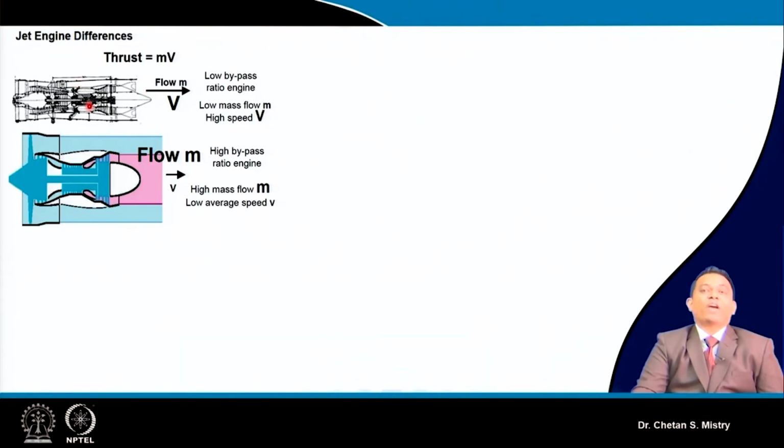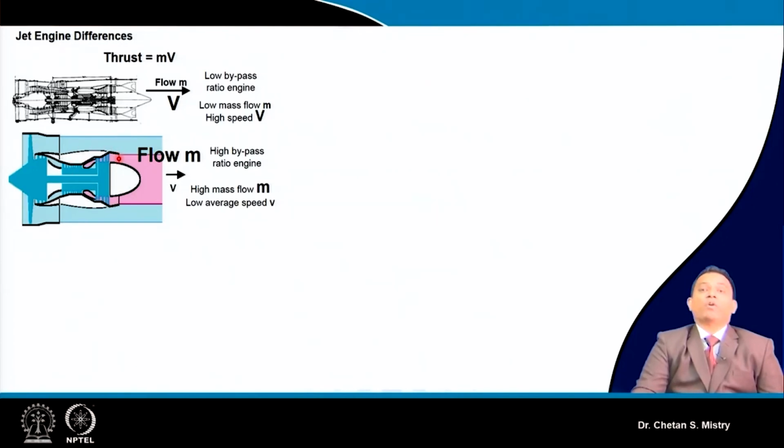Next we thought of a new kind of concept, that is high bypass ratio or low bypass ratio engines. For commercial aircraft applications, we have high bypass ratio engines where approximately 70% of the thrust is generated by the fan only, and the remaining 30% by the core engine.